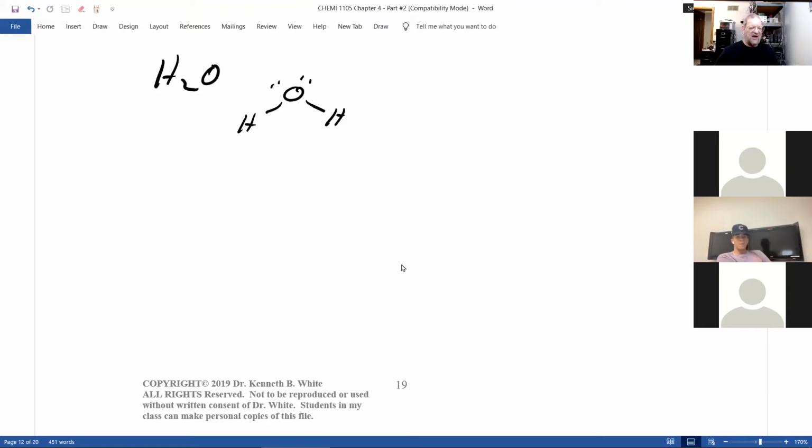If you want to do that in a Lewis structure, I'll let you. Now, hydrogen is weak, small electronegativity, but oxygen is strong or high electronegativity. So in water, there's a slight positive charge on the hydrogens and a slight negative charge on the oxygen.